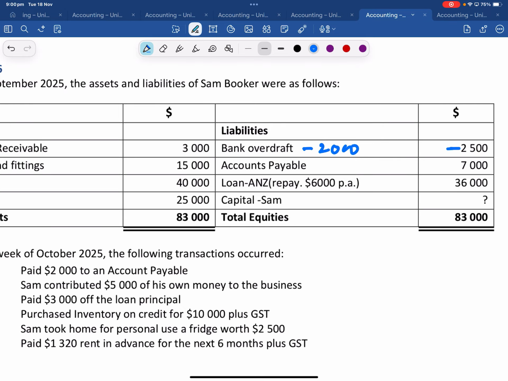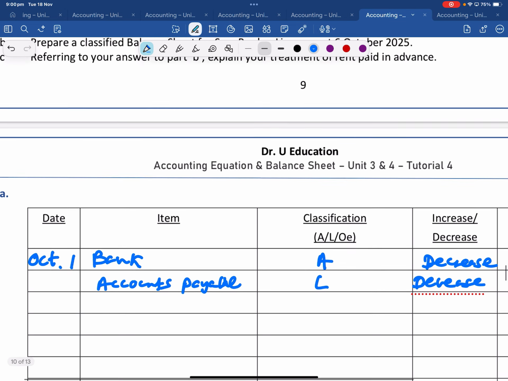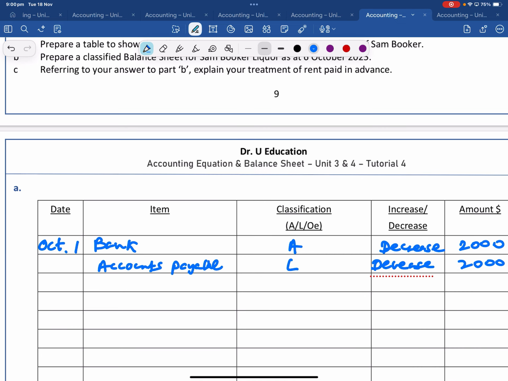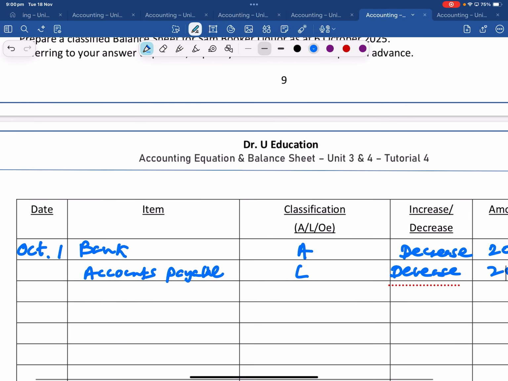Okay, guys, let's start. Now there's a problem here because in the first one we paid money. Is it bank overdraft or bank? You can just take it as bank. Take it as bank. Bank decreases.